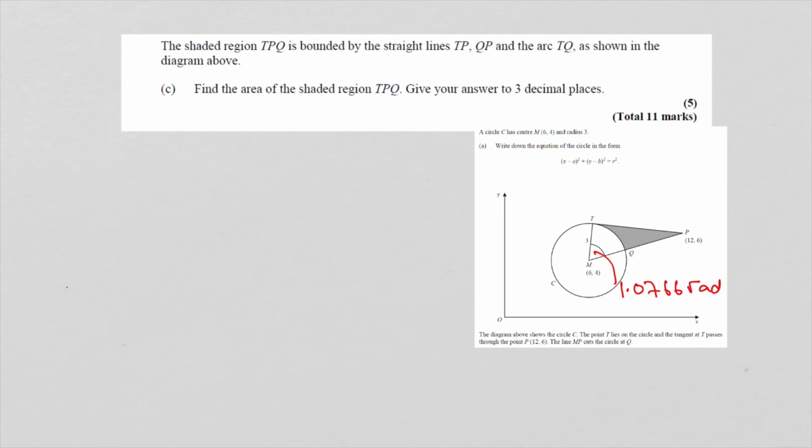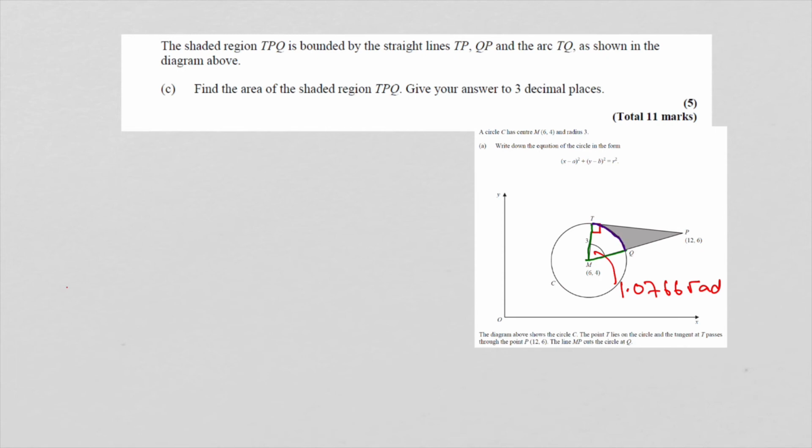So what we need to do is to find the area of the right angle triangle and take away the area of the sector from there. This is a sector from there to there. That's the sector, and the sector has that arc length.